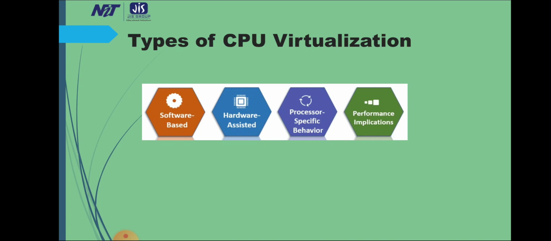Next one is hardware assisted CPU virtualization. This technique attempts to simplify virtualization because full or para virtualization is complicated. This technique removes the difficulty of implementing binary translation of full virtualization. It also lets the operating system run in virtual machines without modifications.